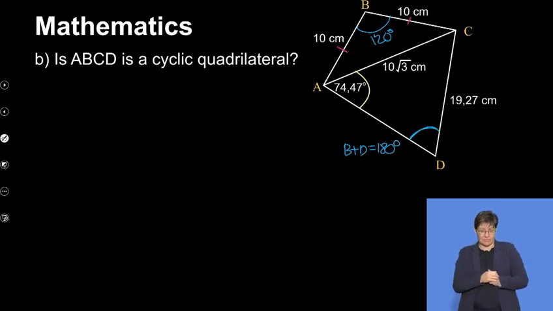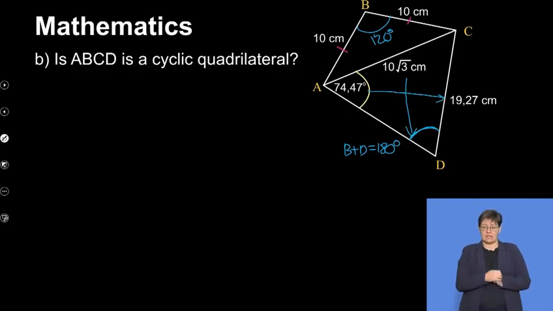So we're going to begin by looking at triangle ACD and try and find the value of D. Now if we examine triangle ACD, we have one full pair, and we can work out D using this half pair here.